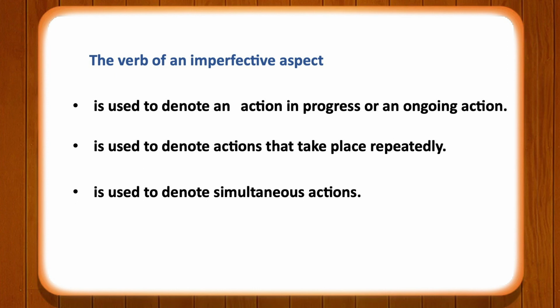The verb of an imperfective aspect is similarly used to denote simultaneous actions. So, the action in progress, action that takes place repeatedly, and two actions that take place simultaneously. To denote such actions, we will always use the verb of an imperfective aspect.